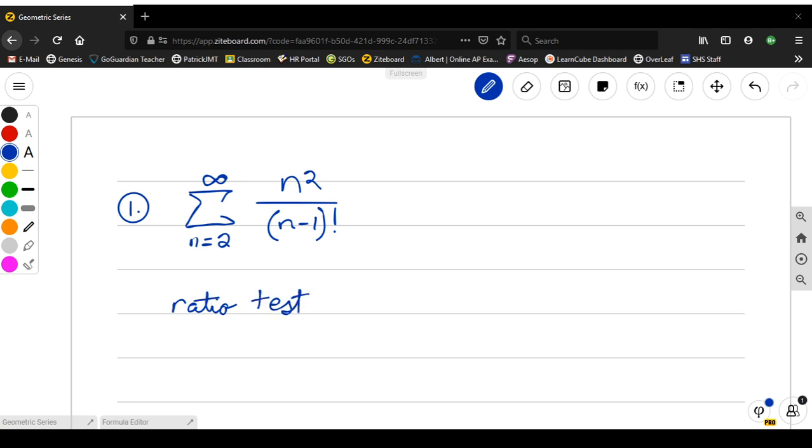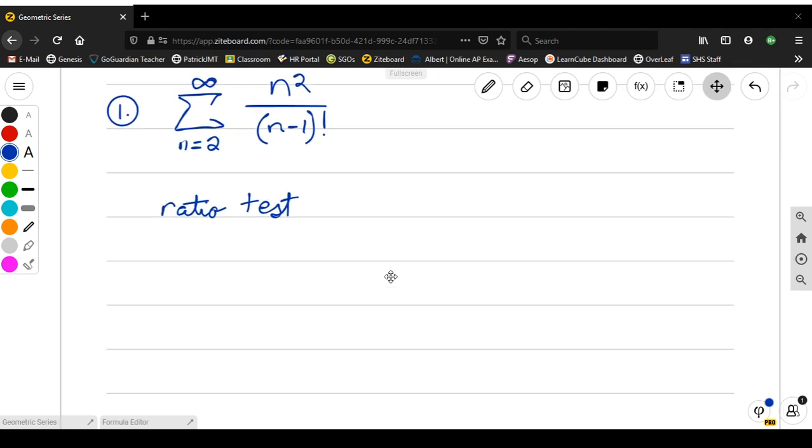Now this ratio test here is basically, we're going to take the limit as n goes to infinity of the n plus 1 term over the nth term. Alright, so how do we do that? We just plug in n plus 1 into the general term.